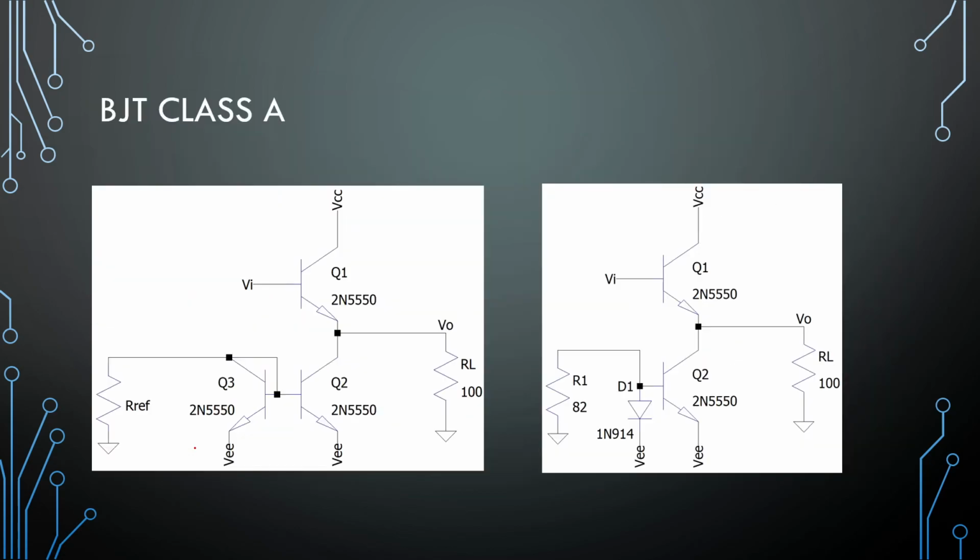Right, so looking at some circuits first, both of these are the same, sort of. If we look at the top half here first, this is a common collector kind of configuration.